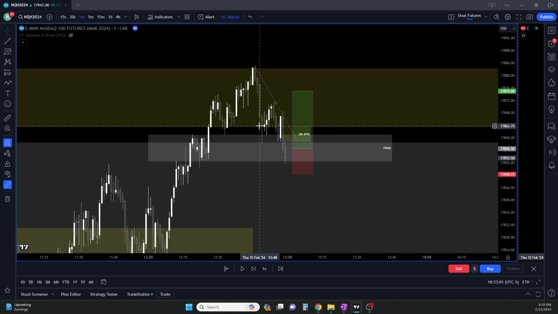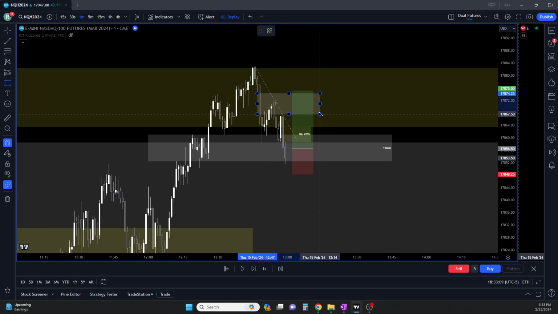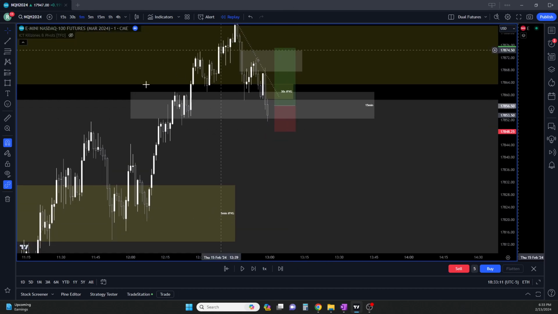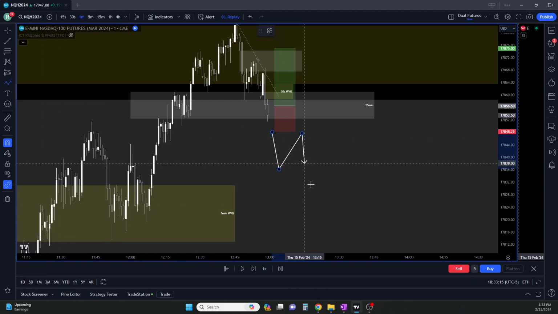Are we going to be bearish or are we going to be bullish? Because we could have just rejected off this 1 minute, sold off, right, and continued a sell model all the way down.